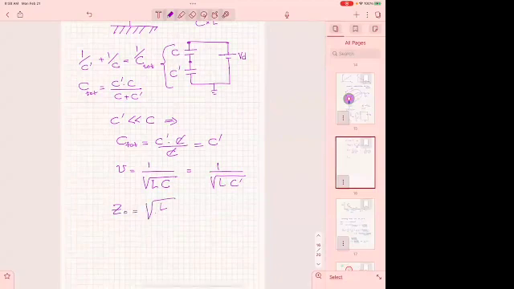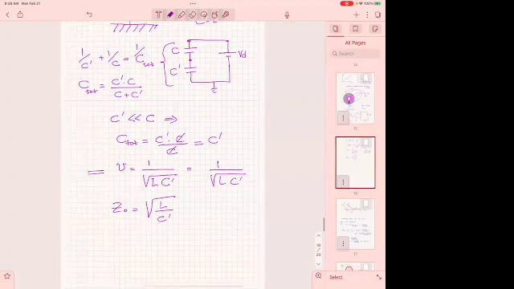And this one is square root of L over C prime. It's going to change the group velocity of the line, and it's going to change also the characteristic impedance, which means that you have designed the line to send so many bits per second, and it's not going to happen. So if I had this HDMI connected to my computer for a Zoom, I would not be able to have a connection.